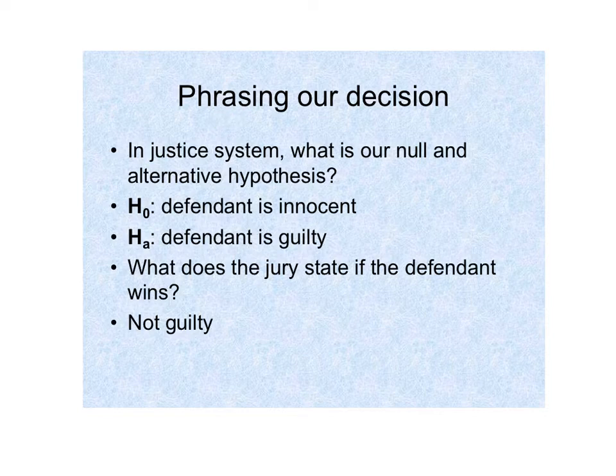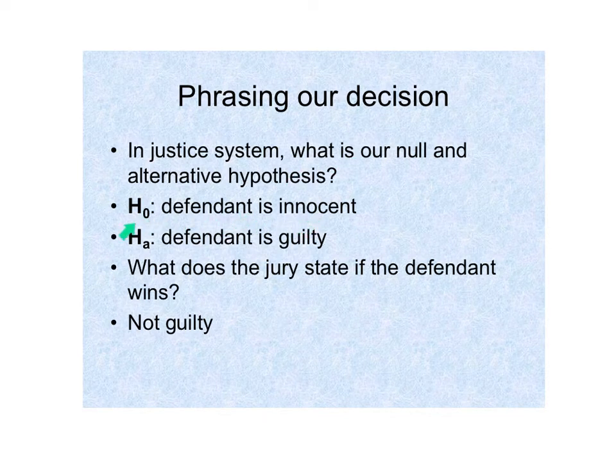So for this topic, I always like to use the justice system. If we are making a decision on someone that's accused of a crime, we have to make one of two choices. Either we believe that the defendant is innocent.